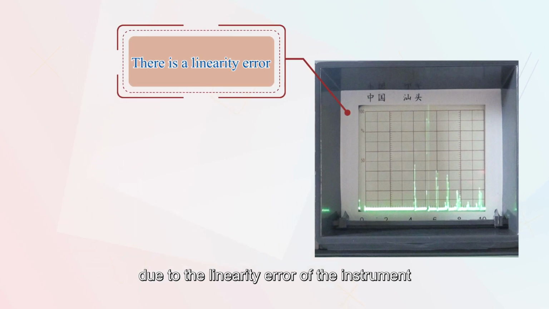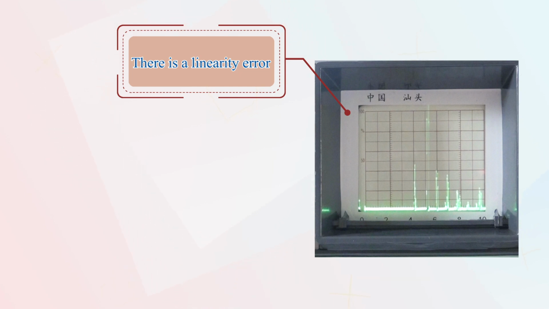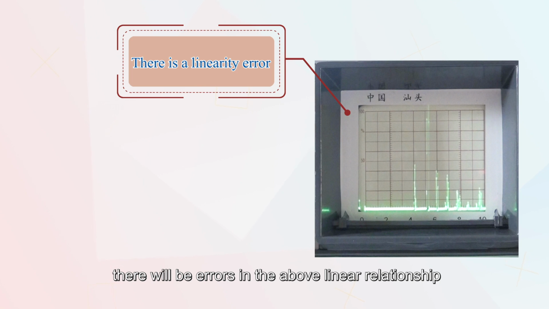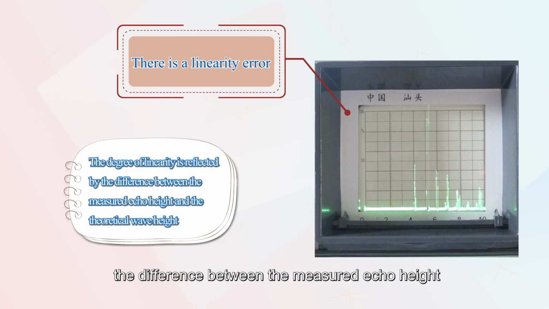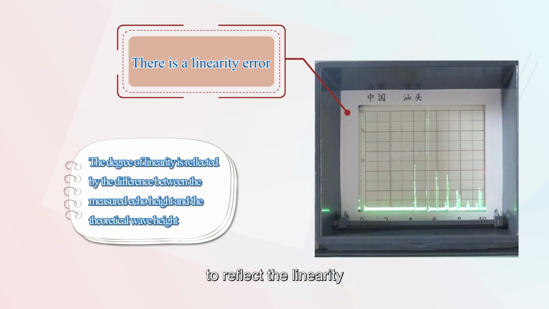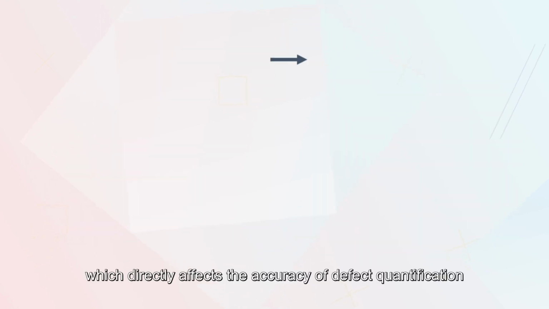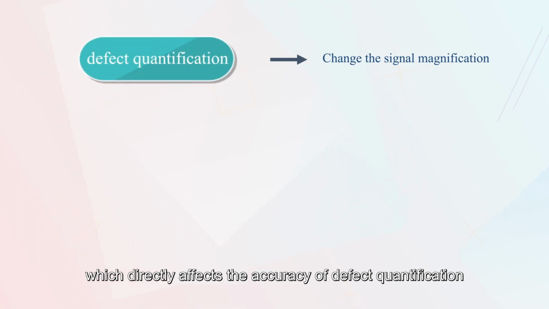However, due to the linearity error of the instrument amplifier when amplifying the voltage signal, there will be errors in the above linear relationships. Generally, the difference between the measured echo height and the theoretical wave height is used to reflect linearity, which directly affects the accuracy of defect qualification.